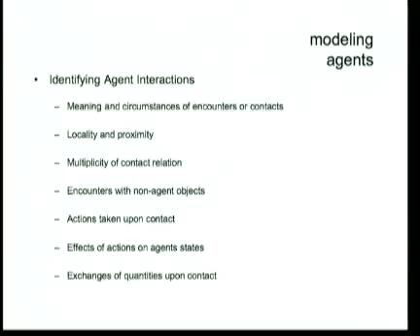And in flow systems, for example, there's an issue of exchanging quantities, mass objects upon contact as well, and not violating capacity limitations on the various nodes that are involved in the encounter.